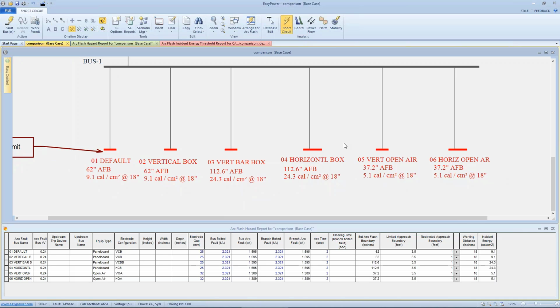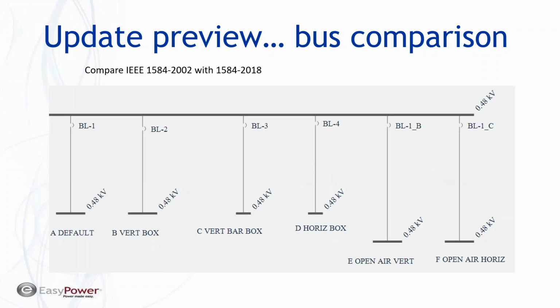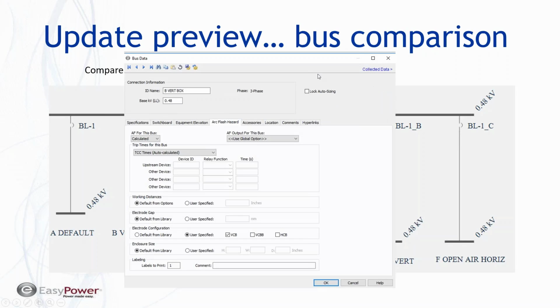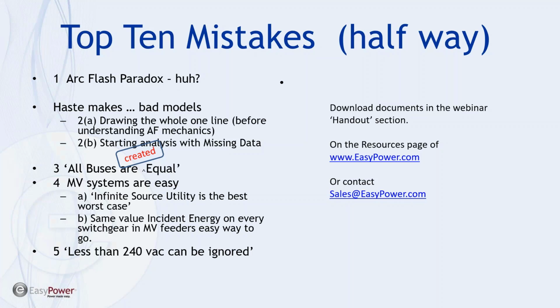All right, so hopefully you got something out of that. That was kind of fun for me. Again, these are part of the bus data arc flash hazard tab. We can stay with the default setting, which will give us essentially a vertical closed box, or we can detail what our particular system is.